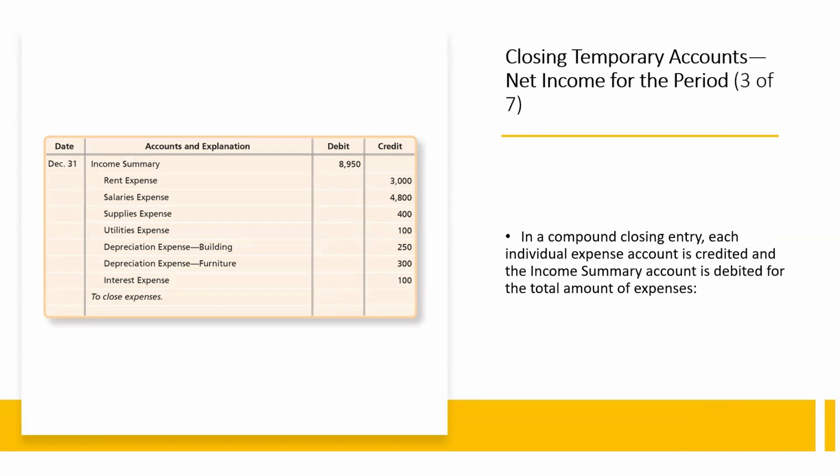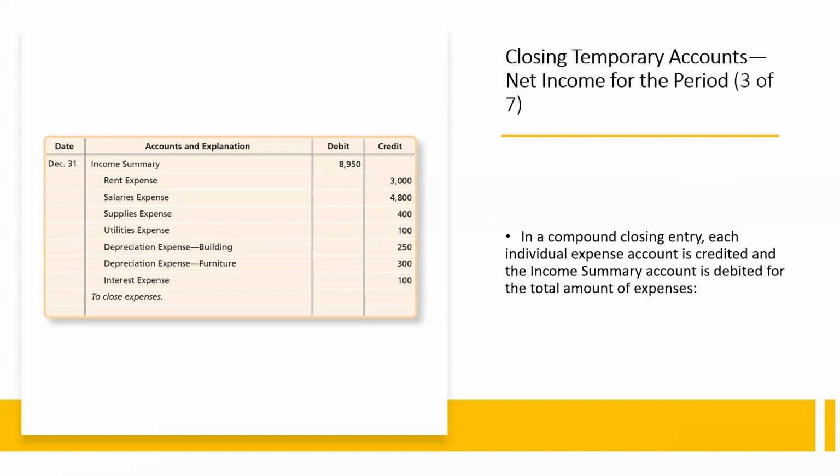We prepare a closing entry for expenses by crediting each expense account and making a debit entry to income summary for the amount of the total expense balances. Here in this example, you see income summary, a debit of $8,950, and then you see all these expenses: rent, salaries, supplies, utilities, depreciation expense building, depreciation expense furniture, and interest expense.